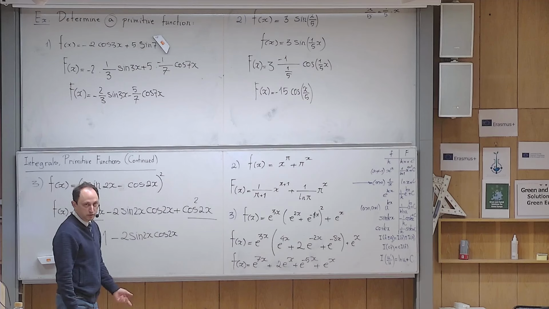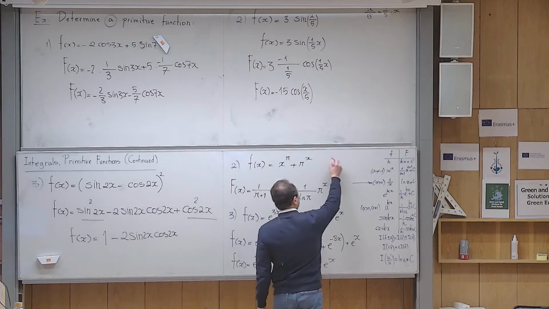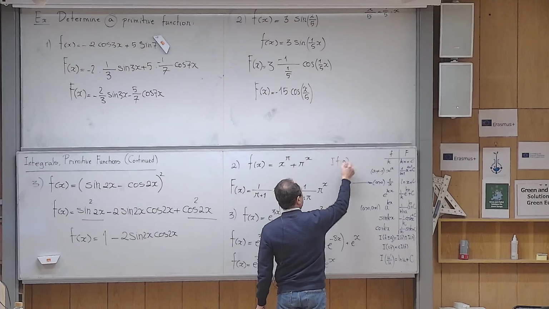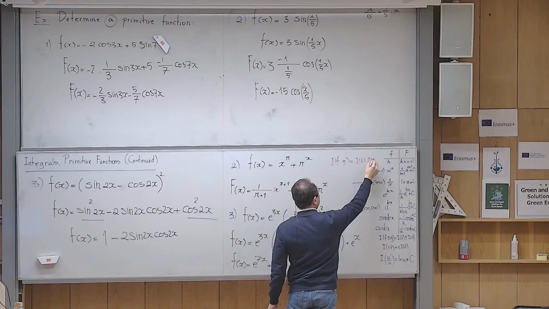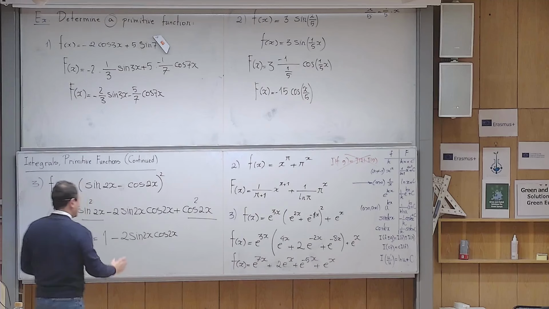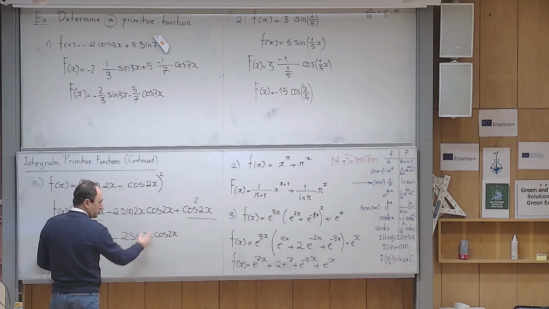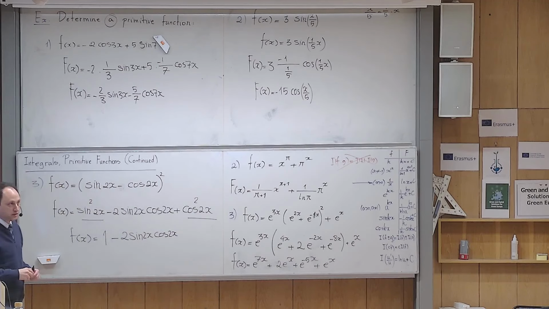But is it a good way to do it? Why not? Because I told you what? A primitive function of f times g is not equal to primitive function of f times primitive function of g. So that is not working. Even if you know this one from the table, and you know that one from the table, you cannot do them separately. So then what should we do?